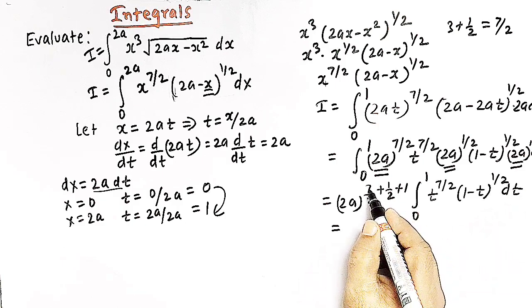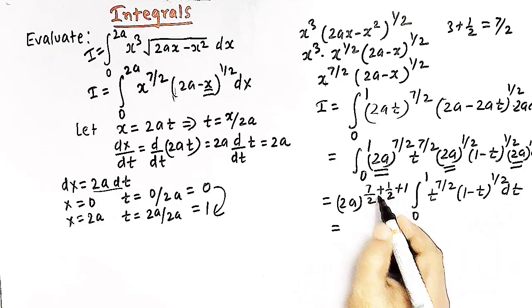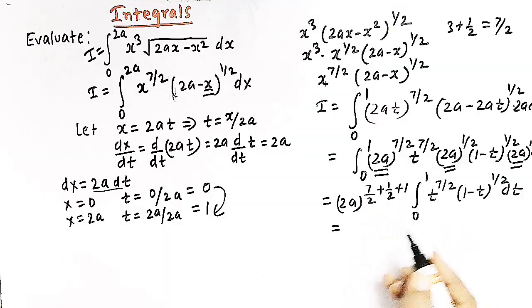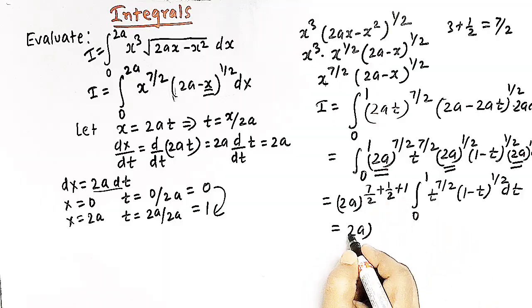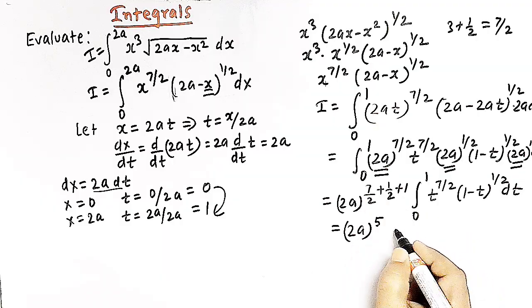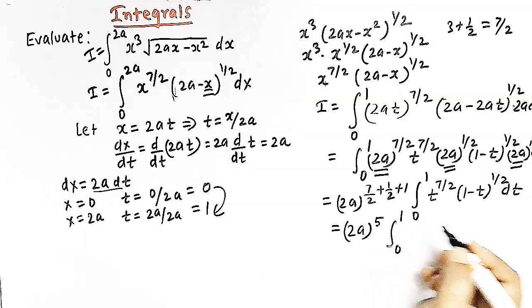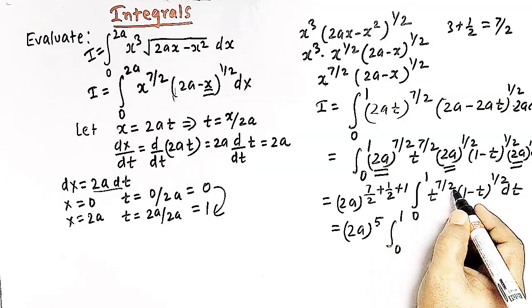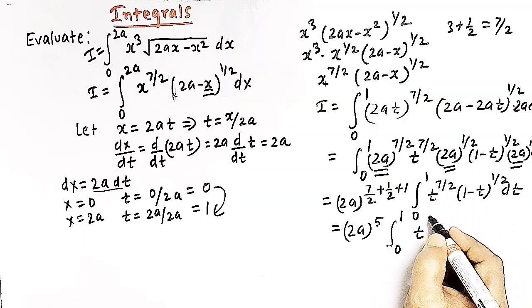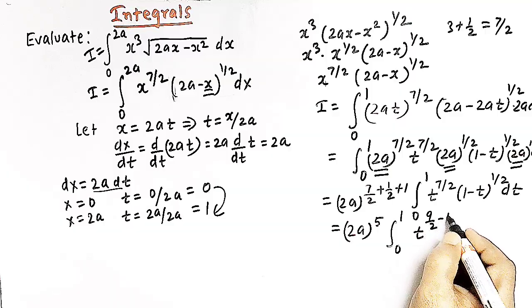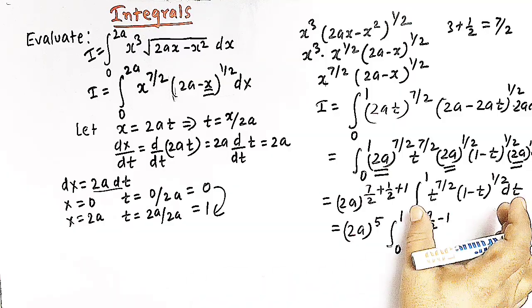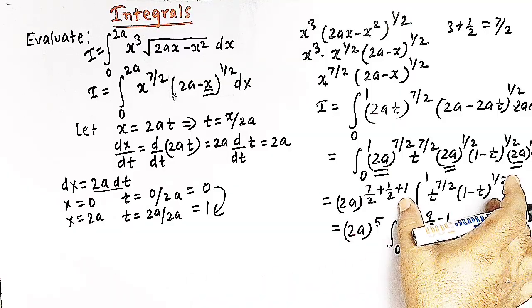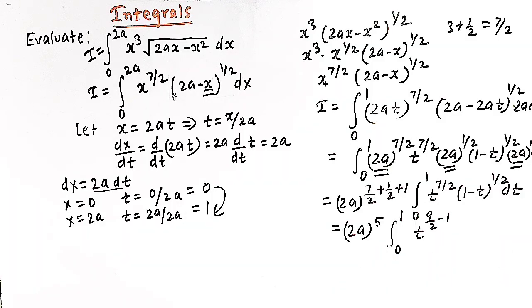Now 7 plus 1 is 8, 8 over 2 is 4, and 4 plus 1 is 5. So we have 2a raised to 5, and the integral from 0 to 1. And t raised to 7 over 2 can be written as t raised to 9 by 2 minus 1, because now we are going to change this integral into beta function.